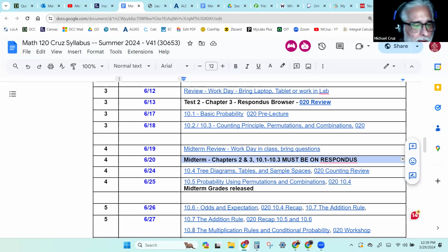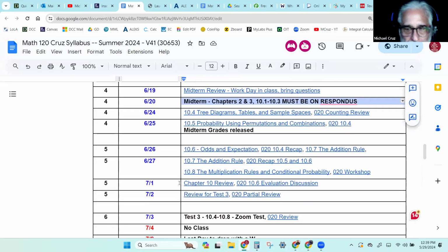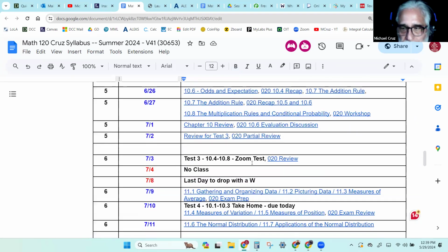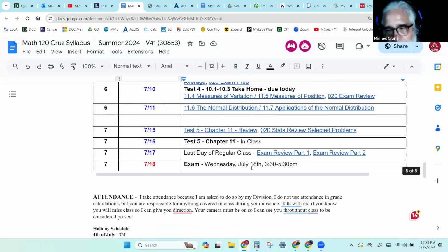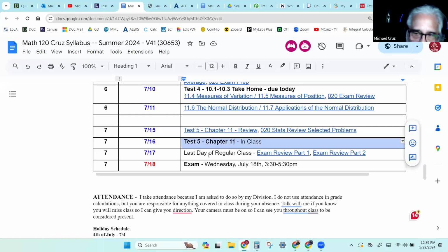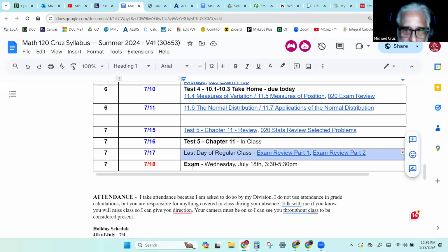So that's why I break it up. And then once we get to chapter 10 and finish, we'll have review and test. And I also got an extra little test we'll throw in there because if I got 5 tests, I can drop one. And then after we have our tests for chapter 10, we move into chapter 11 for the home stretch, have one more test, and then the final exam is on the 18th.